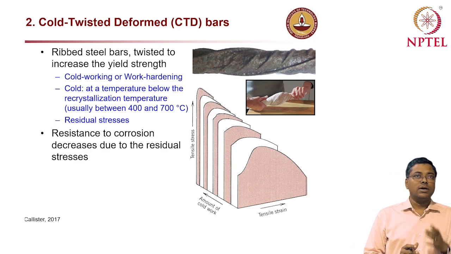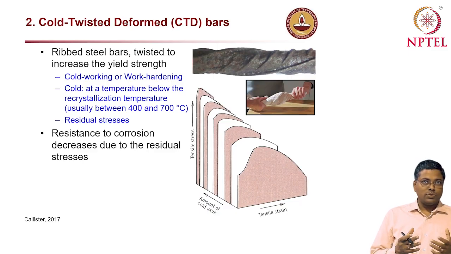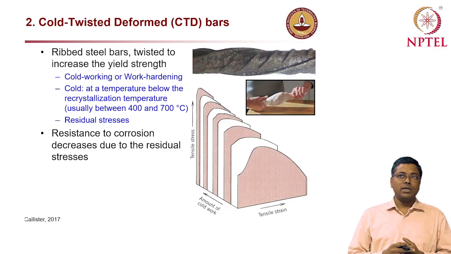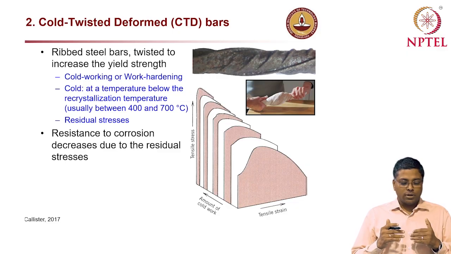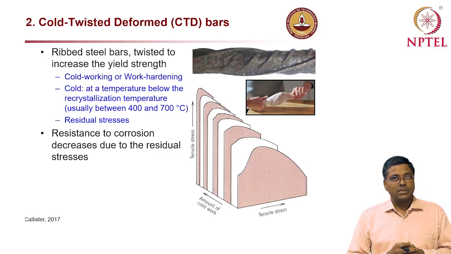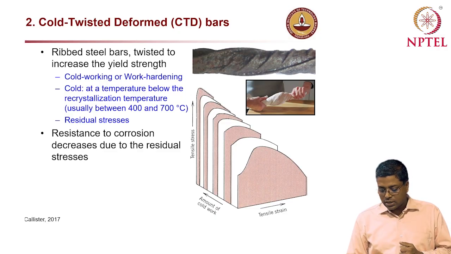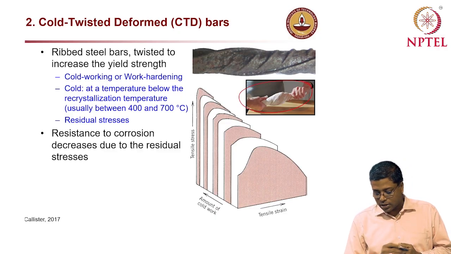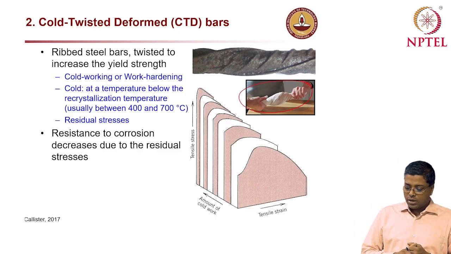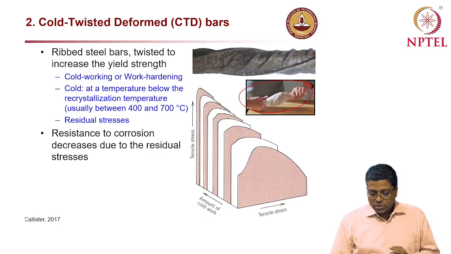This cold here doesn't mean the cold which we feel, but it's basically a temperature below the recrystallization temperature at which they twist the rebar, as you can see in the image here. Just like after taking a bath, we twist the cloth or the towel. Just like that, these rebars are twisted rebars.